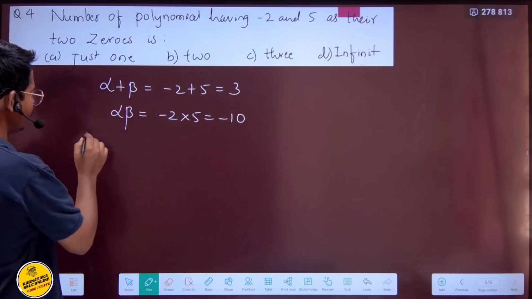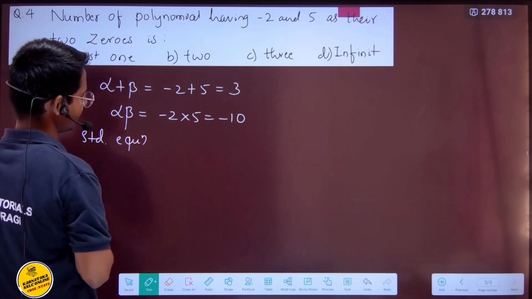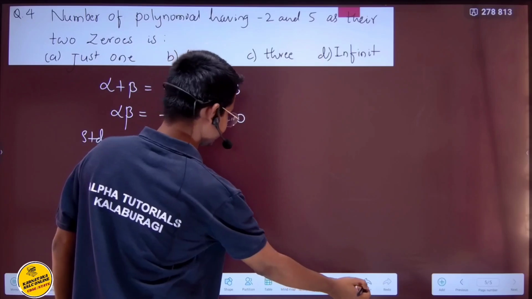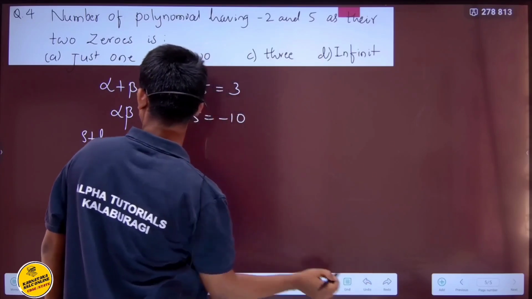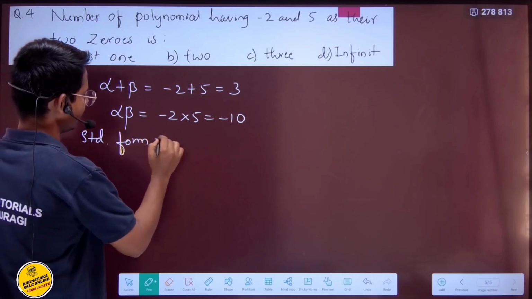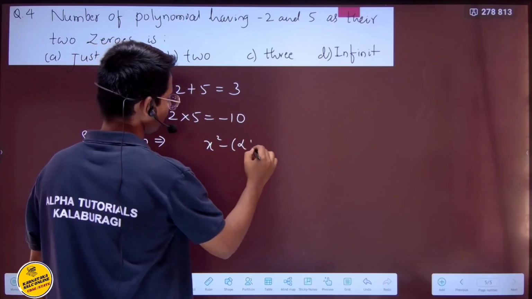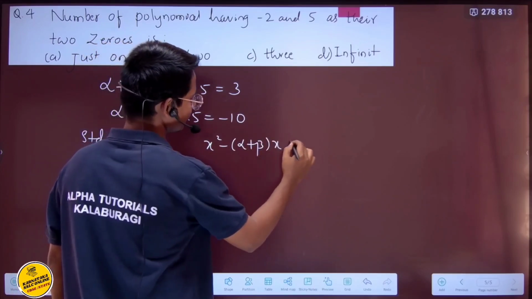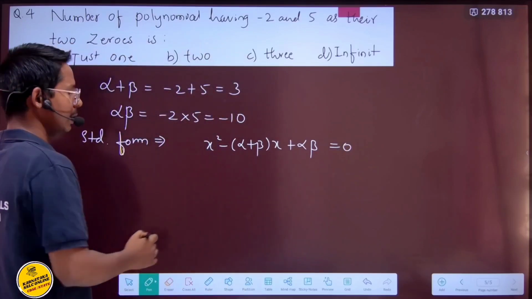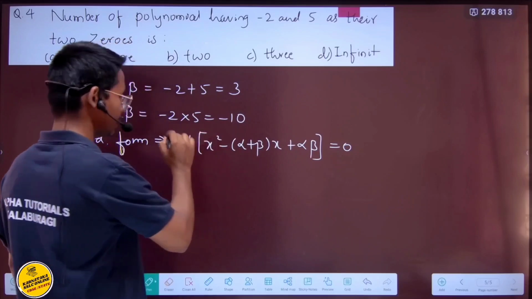Now we know the standard form of a quadratic equation. It is x square minus alpha plus beta x plus alpha into beta equal to 0, and this should be multiplied with some constant k.